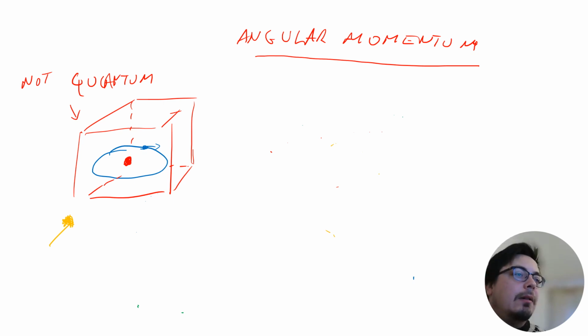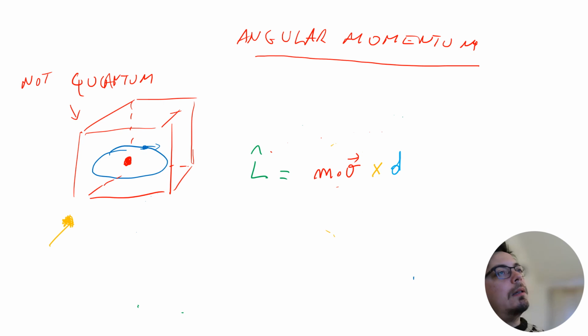Okay, but angular momentum L is defined as this weird composition of numbers: mass times velocity, and then I will introduce this symbol x, and then the other number, let's see, d, distance.